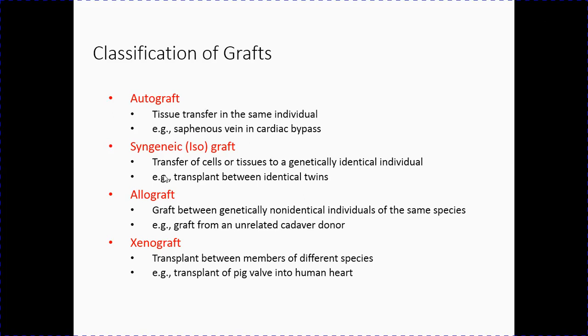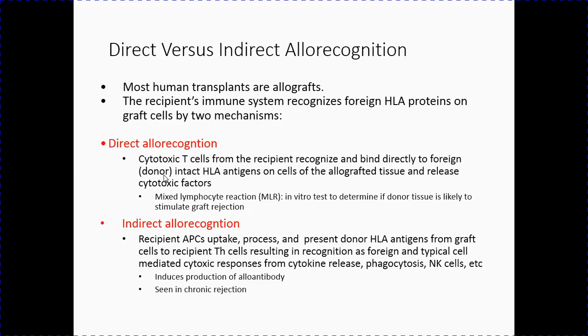So let's look at a couple of different mechanisms by which allorecognition can occur. And this will be very familiar to you. This is our typical adaptive immune response, but this is in reference to transplanted tissue rather than pathogens that have entered the host. As I said, most human transplants are allografts.